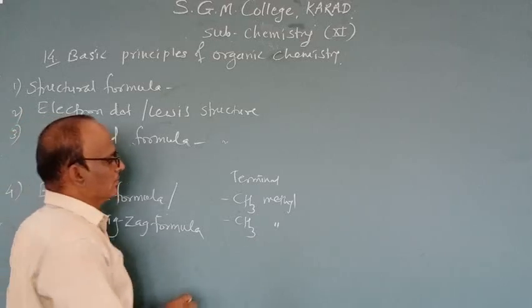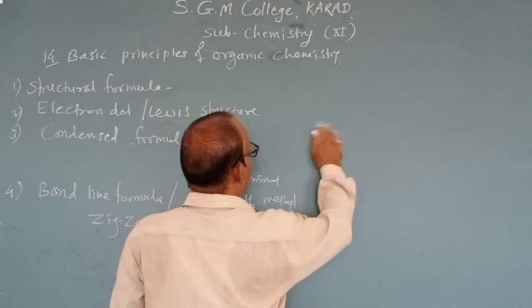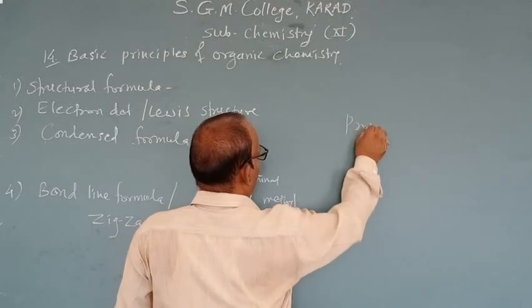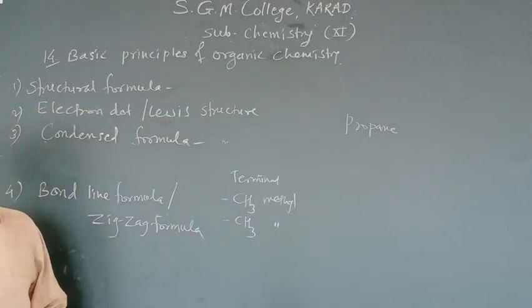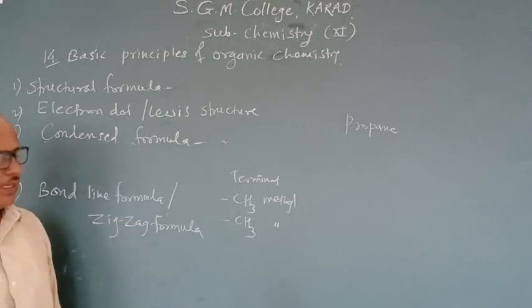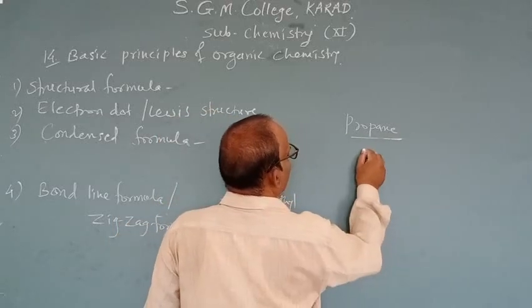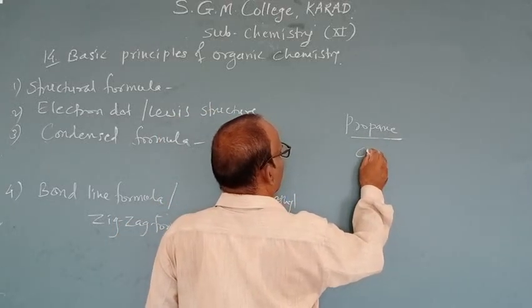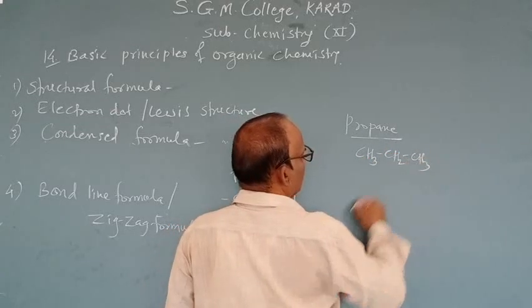Then the intersection. Take the example of propane, because in the case of methane and ethane we cannot show the bond line formula. For this, a minimum of 3 carbon atoms must be present in the alkane. In the case of propane, we first write the condensed formula, CH3 CH2 CH3.